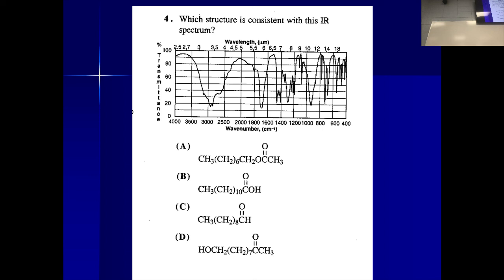It looks broad, right? But it's kind of jaggedy at the bottom, isn't it? Is that how an alcohol looks? No. So it probably doesn't have an alcohol. So what can I eliminate? Well, B's not an alcohol. It's a carboxylic acid. D. I can eliminate D. Yes.